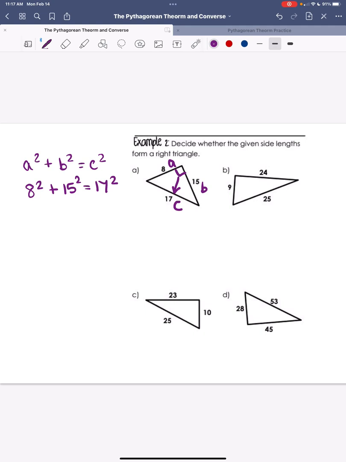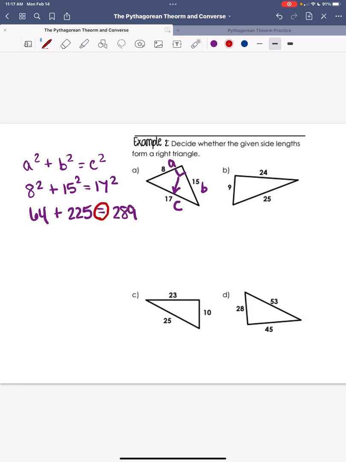Okay, now we're going to solve underneath that because, again, we want to prove that that is a right triangle. When we do 8 squared, that's going to give us 64. When we do 15 squared, that gives us 225. And 17 squared gives us 289. Now, keep in mind that this is an equal sign.